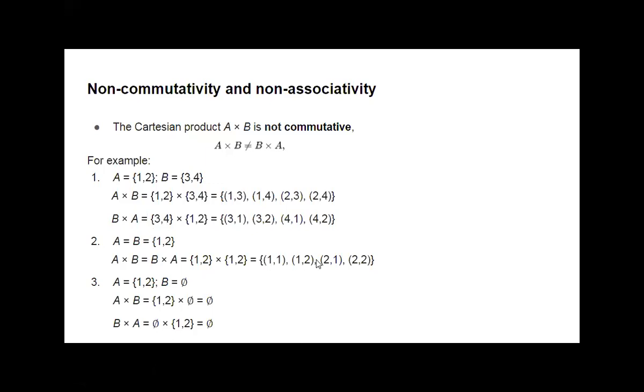This will be the Cartesian product of A and B, which are equal sets. A is {1, 2} and B is also {1, 2}. So in this case, we can write A cross B is equal to B cross A. All of you getting the exception?